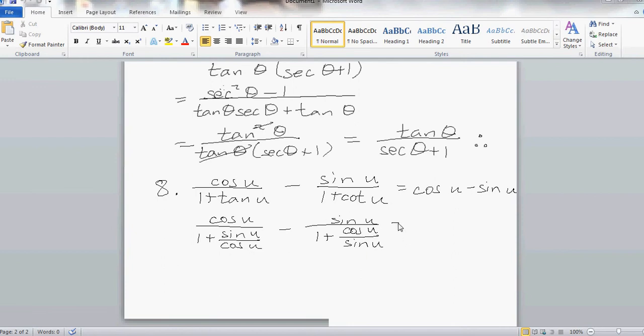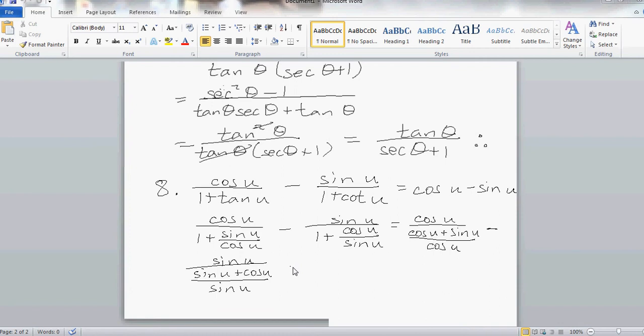Now this will equal, okay, the denominator, we need to get a common denominator, so that will be cosine of u over cosine of u plus sine of u all over cosine of u minus, same thing, finding the common denominator of sine of u down here will give us sine of u plus cosine of u all over sine of u, and we still need that sine of u that was way up here.